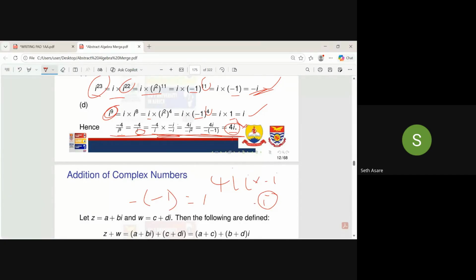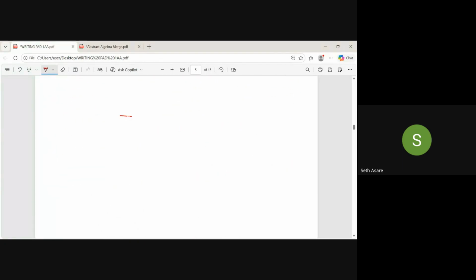If you don't rationalize it and write it like this, well, it becomes an answer, but we don't need this one. When we are writing complex numbers, we need the real part and the imaginary part, and all the time the imaginary part is with I. It is not with over I. So you may write negative 4 over I, but this cannot be termed as the imaginary part.